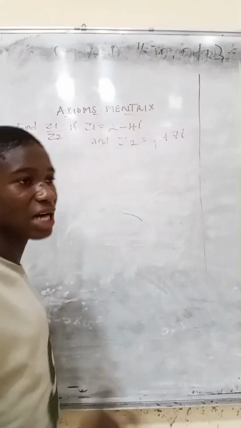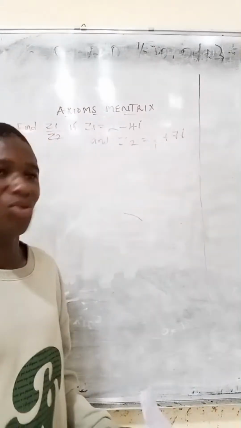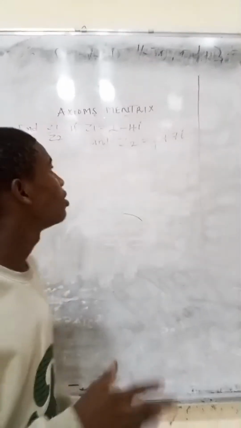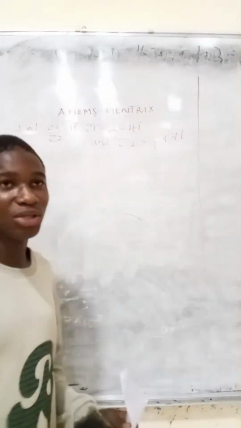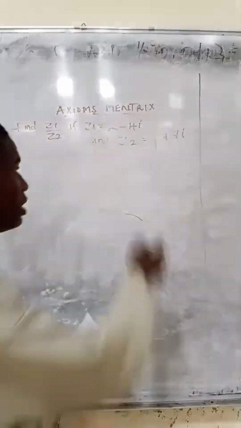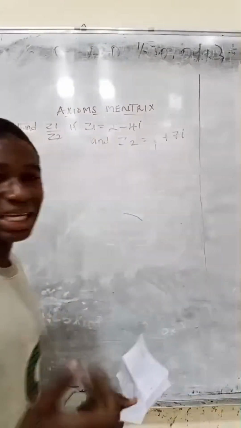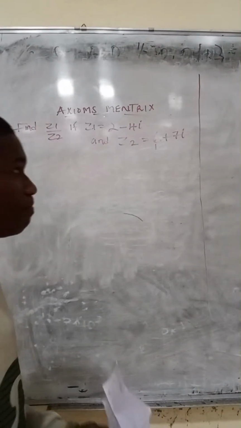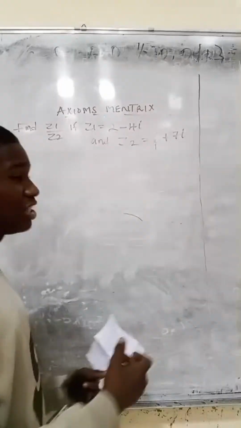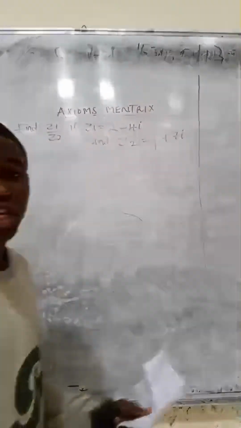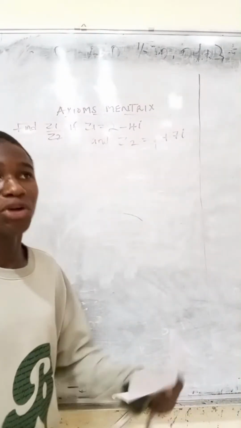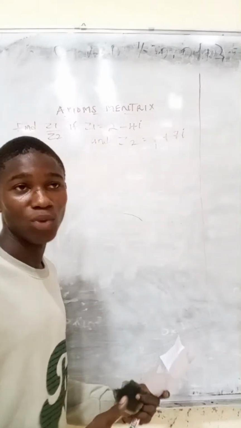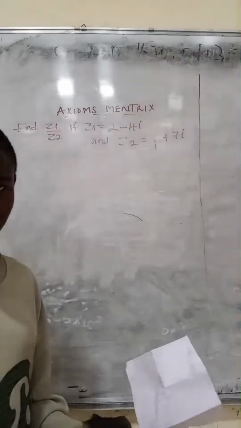So whenever you see a question like this in mathematics, you are seeing this i. This i is called an imaginary number in mathematics. And an imaginary number comes when you have a complex number. Now a complex number contains a real number and an imaginary part.